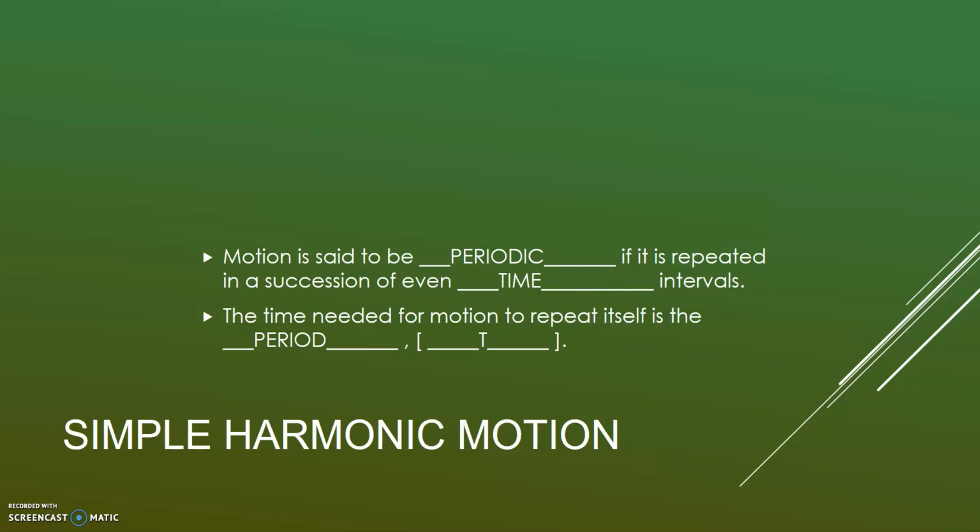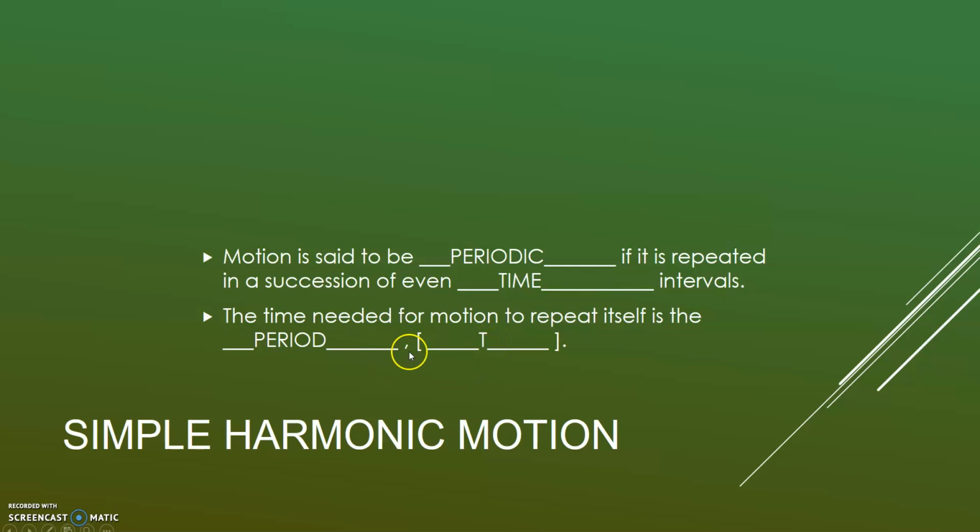Now, the time it takes for this is called the period. So the period is the amount of time it takes to repeat, like first period. It's the 24 hours before you repeat first period. Period is symbolized by the letter T, not the letter P, which is confusing.